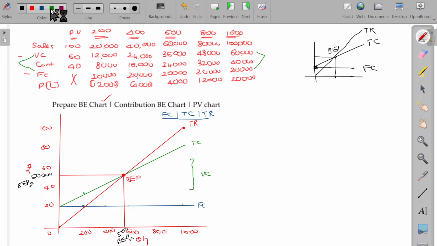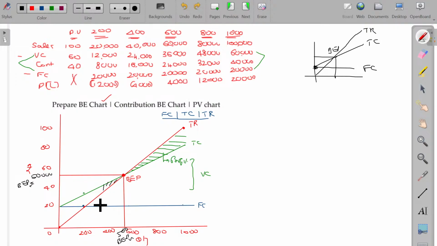Remember this point: where your total revenue curve is above the total cost curve, this will be called the profit zone. Is that okay? Profit zone. At this point, you can call this the loss zone, because this is your total cost, this is your total revenue. The difference between these two is your loss here.